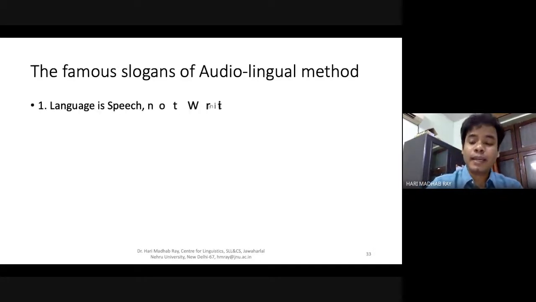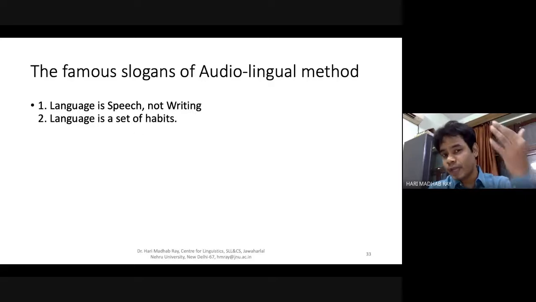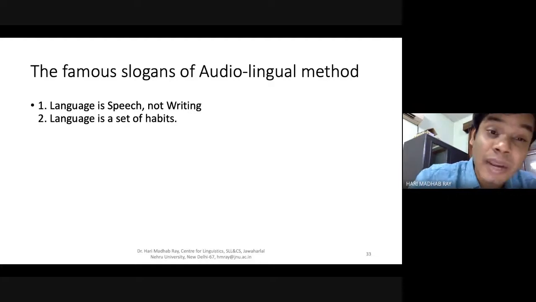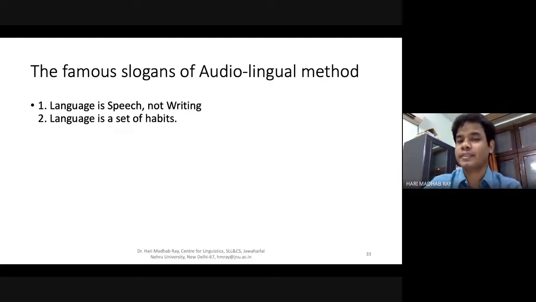Okay. So this is how things are shifting. One of the famous slogans of the audiolingual method is: language is speech, not writing. Try to understand that. Even in linguistics, if you talk about the paradigm shift which took place, let's say, after Saussure, in the 1960s.